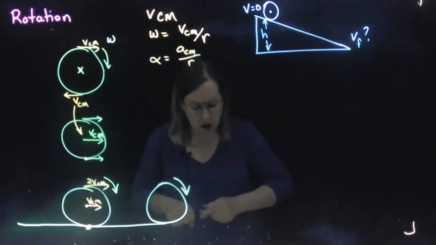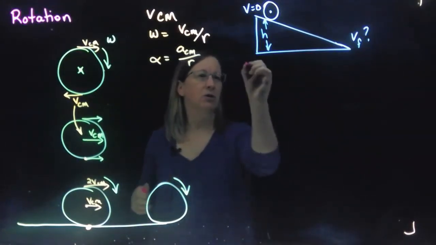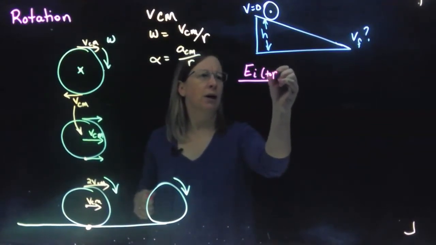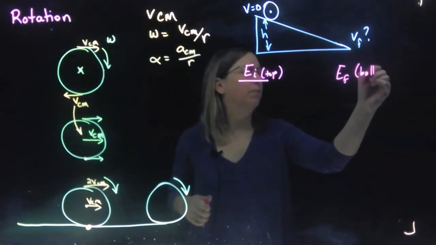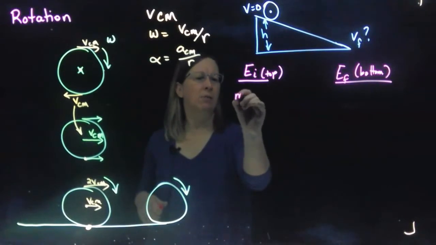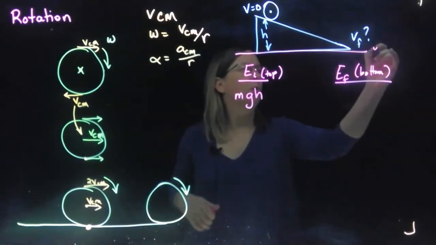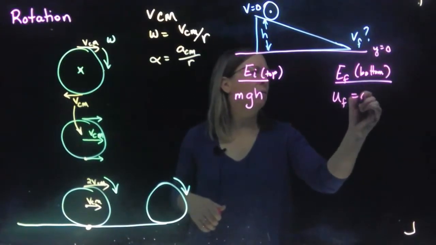I'm going to do this from an energy point of view so you can see how all the pieces fit together. So energy initial at the top and energy final at the bottom. At the top I've got mgh, if I call this my y equals 0 and my U at the bottom is equal to 0.